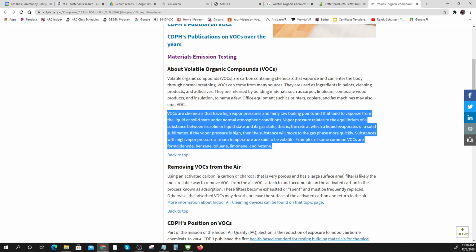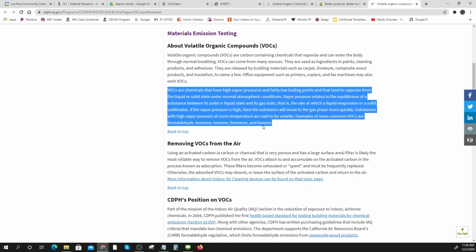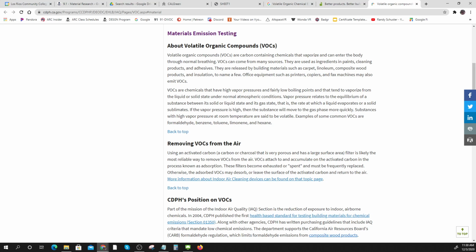And then you start either looking for somebody who really knows or looking to see where they got their information from and start looking, okay, what is this? What is limonene? I don't know if that's even really a word.